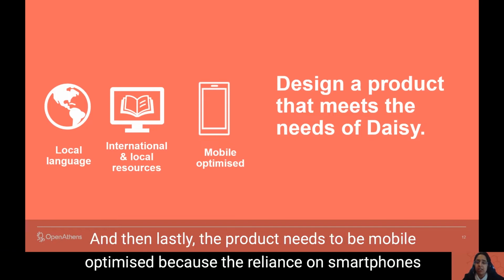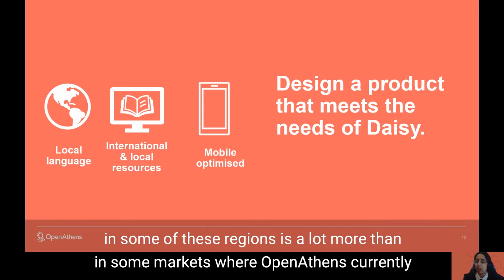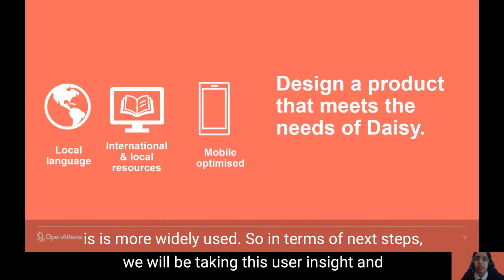And then lastly, the product needs to be mobile optimized, because the reliance on smartphones in some of these regions is a lot more than in markets where OpenAthens currently is more widely used.